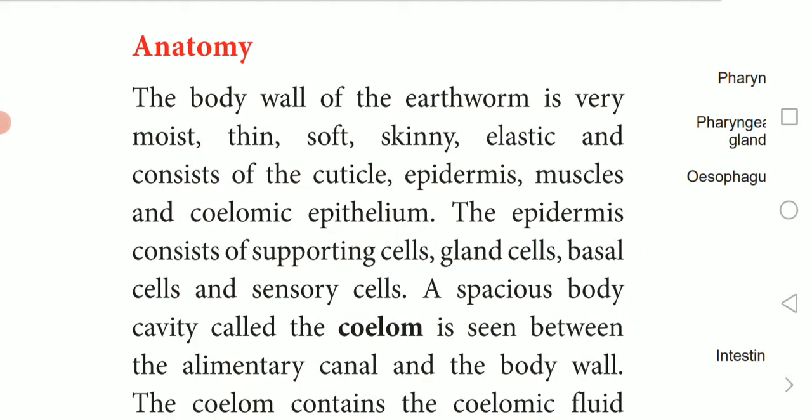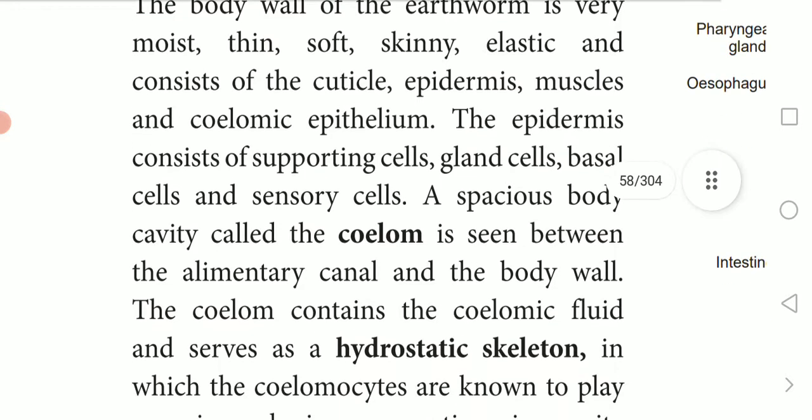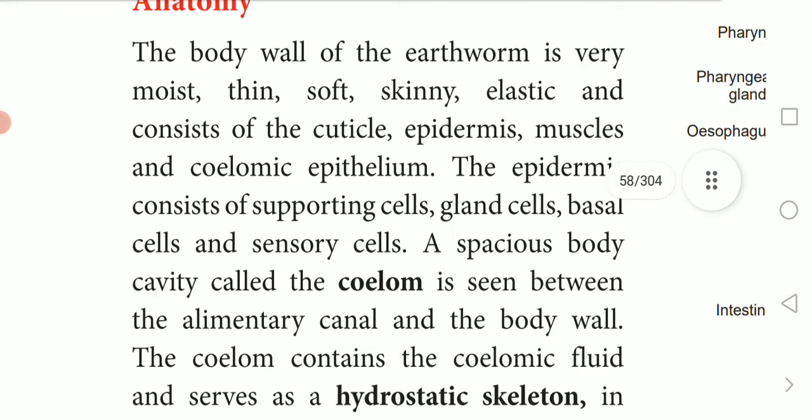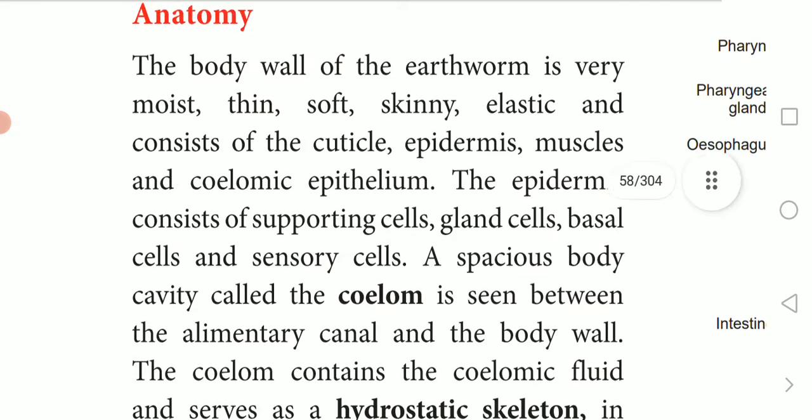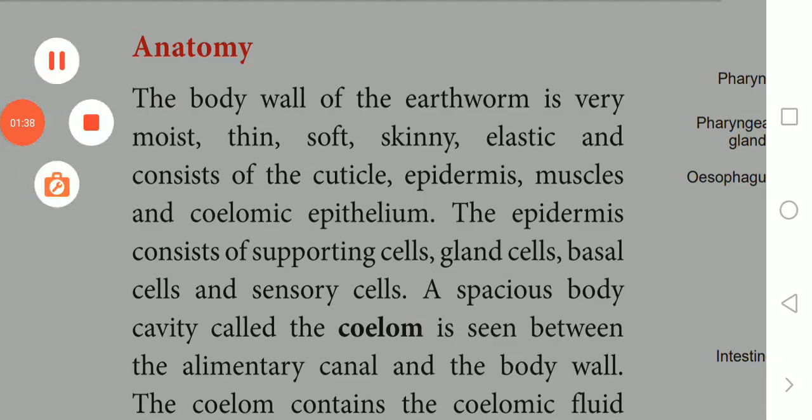The body wall of the earthworm is very moist, thin, soft, skinny, elastic, and consists of the cuticle, epidermis, muscles, and coelomic epithelium. So these are the parts which are present in the earthworm.